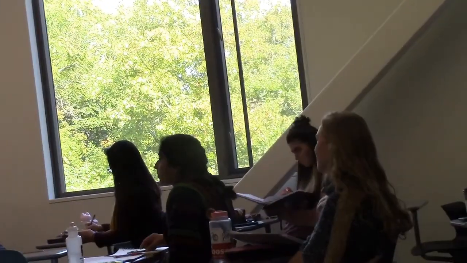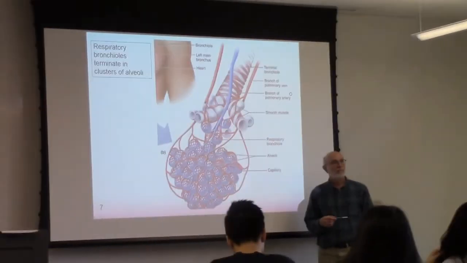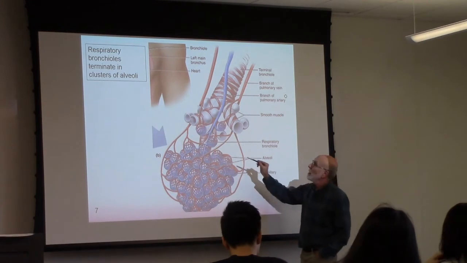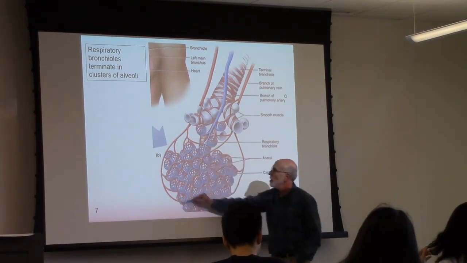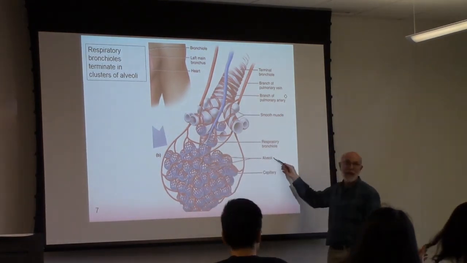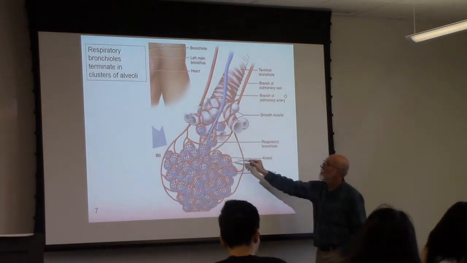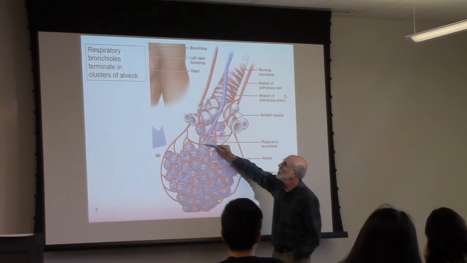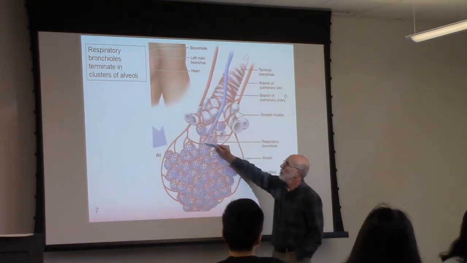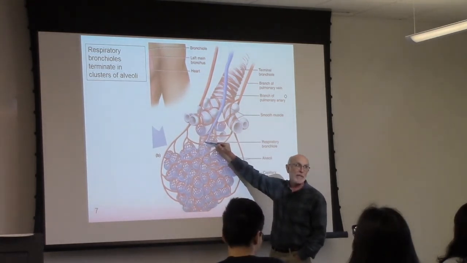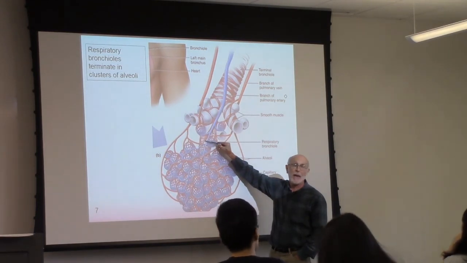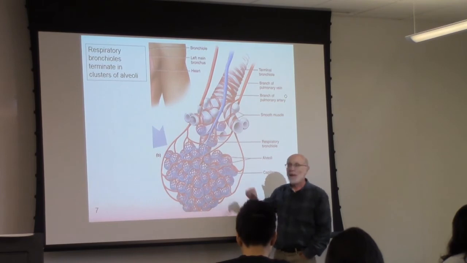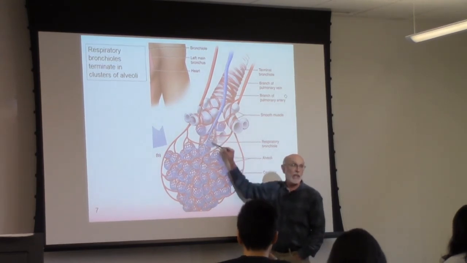I'm not sure to what extent I will make a big point about this, but there is a cluster of alveoli, the alveolar sac, and there's this tube here that is bronchiole, because it's not alveoli, and yet it has some bulges that are doing gas exchange.